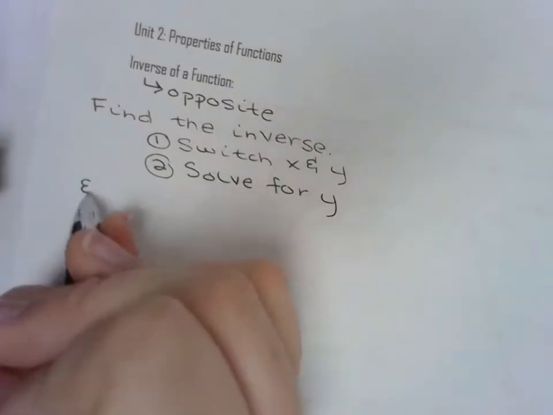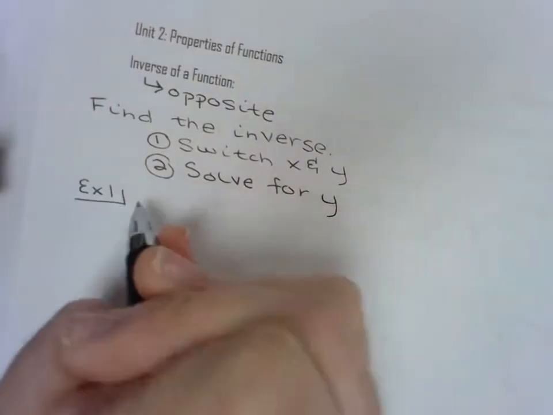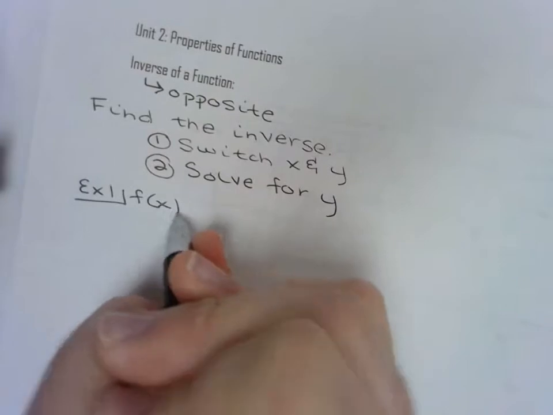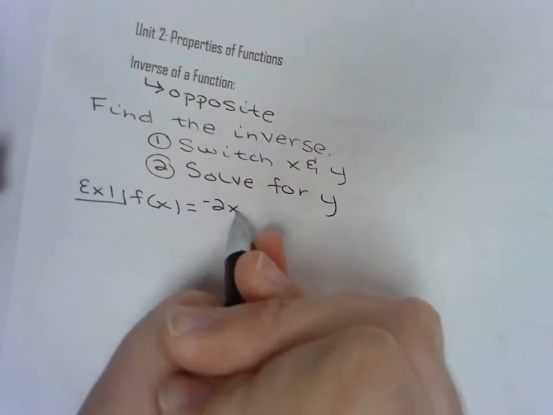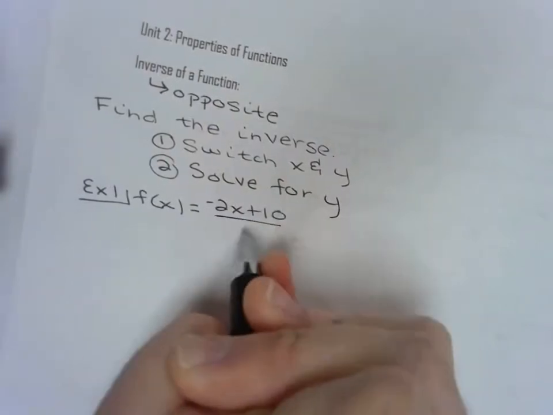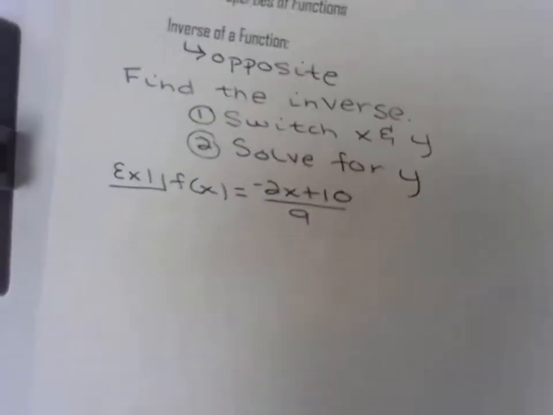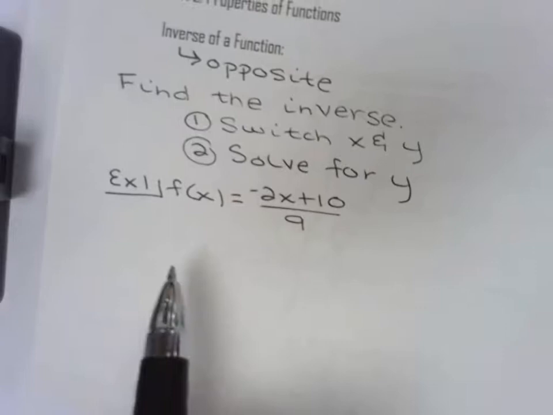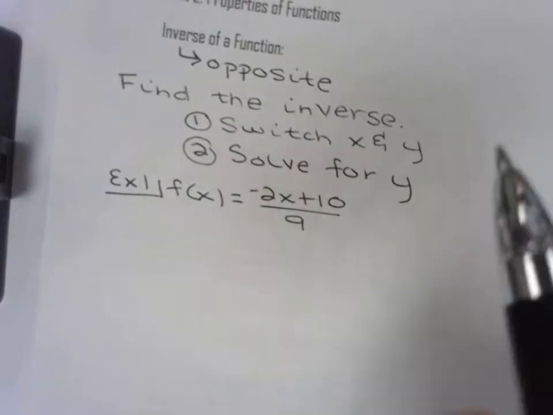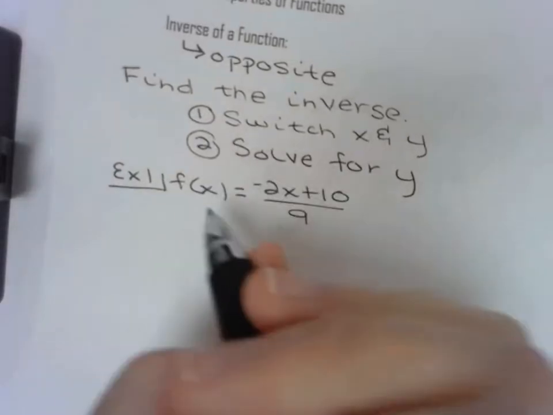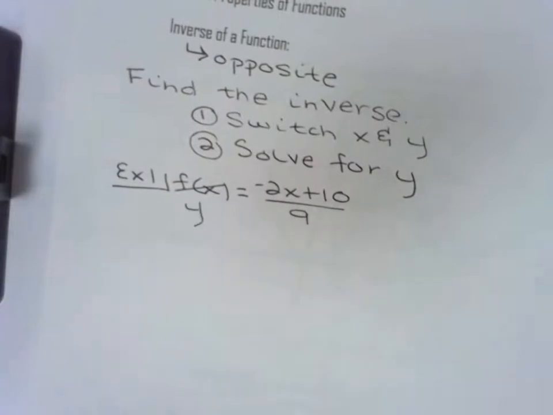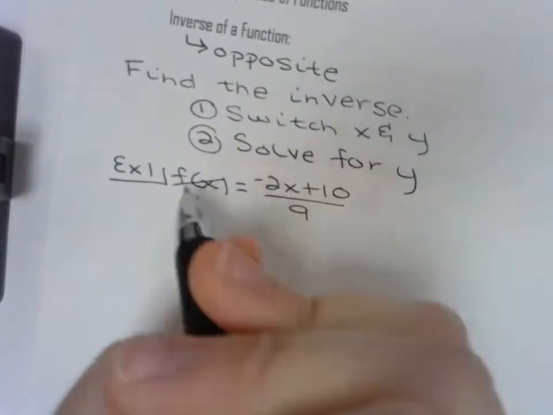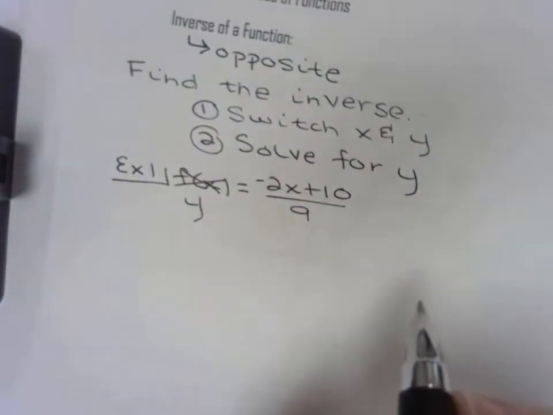Okay, that's all you do. Let's look at an example. Let's say I have f of x equals negative 2x plus 10 over 9. f of x is the same thing as y. So when I'm looking at f of x, you can just replace it with y, the whole thing. Instead of f of x, cross it off and put y equals.